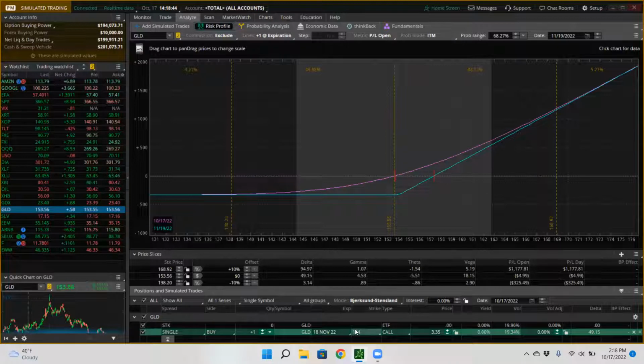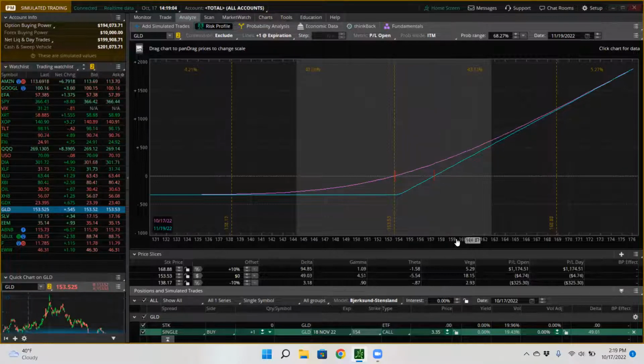We were looking at the 154 strike down here, which is where this contract would be if we were to buy this option, right at the bottom of this curve where the profits start to increase on this side.